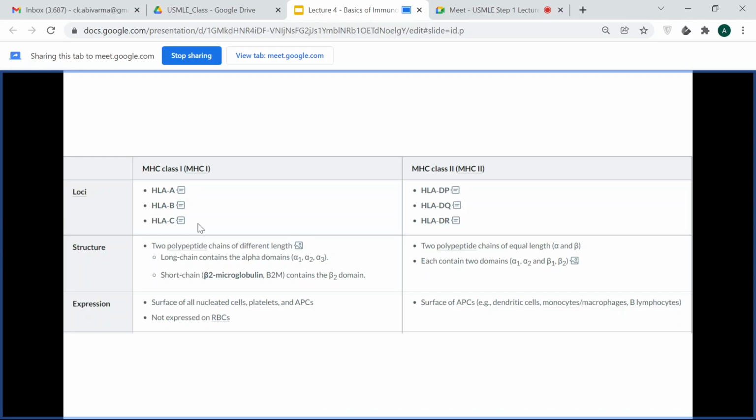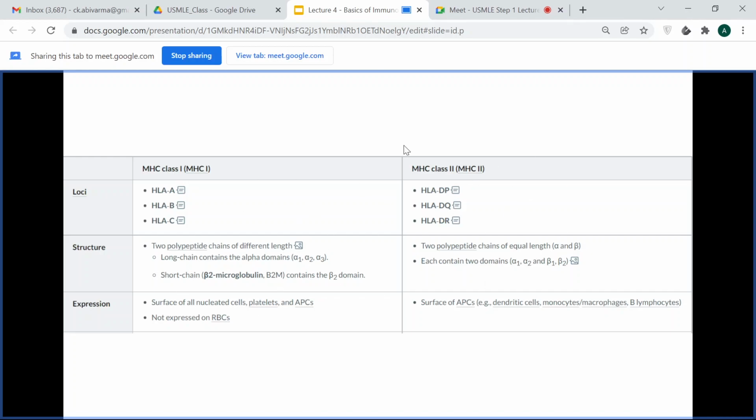If you hear those names, you should be thinking it's an MHC class 1 molecule, versus if you hear something like DQ2, DP8, something like that, basically two letters in the front, think about class 2 molecules.